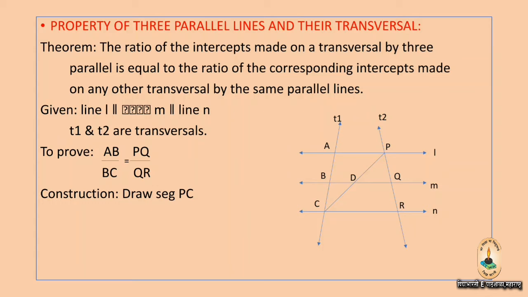Again here, first we draw the diagram. Line L parallel to line M parallel to line N. Then line T1 and line T2 are their transversals. Then to prove that AB upon BC equal to PQ upon QR.